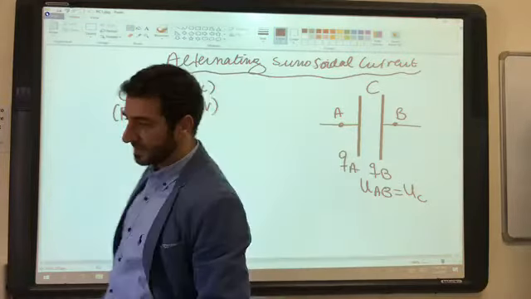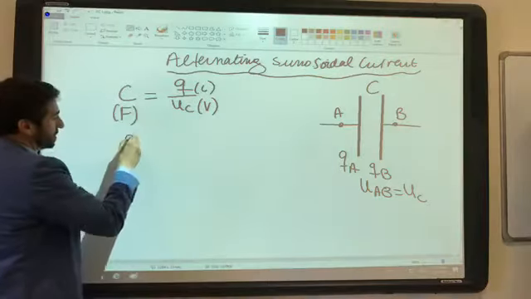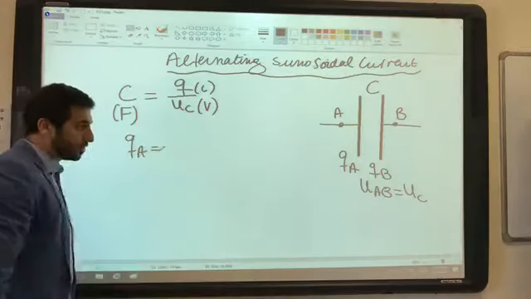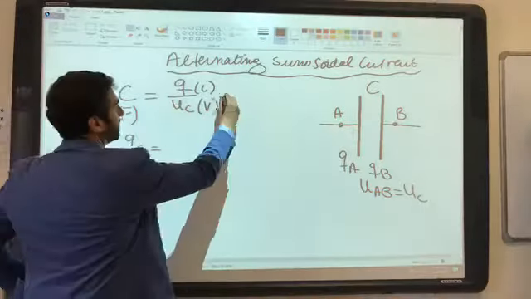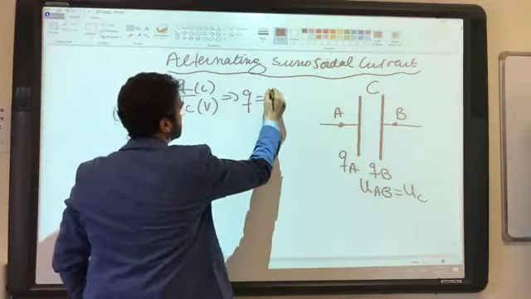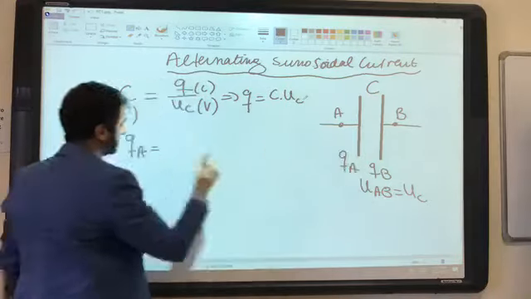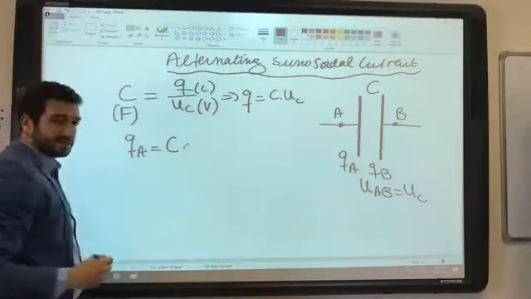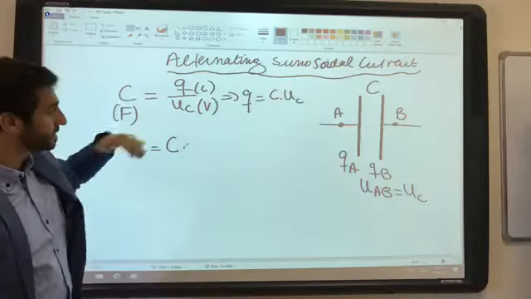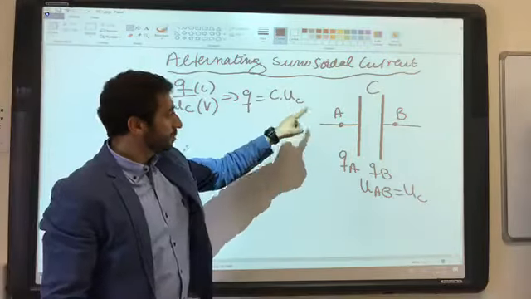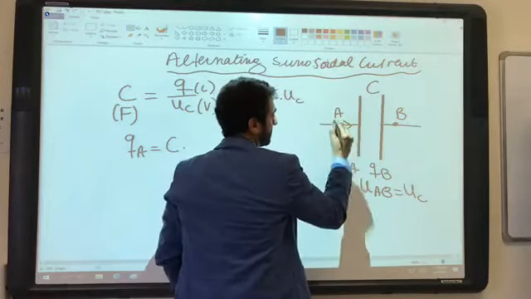So that's the capacitance. However, if we want to know the charge Q of A, let's apply the equation. Q is equal to C U of C. Q of A is the capacitance, the number of charges accumulated per unit voltage, times U of C. QA means that the current enters from here.